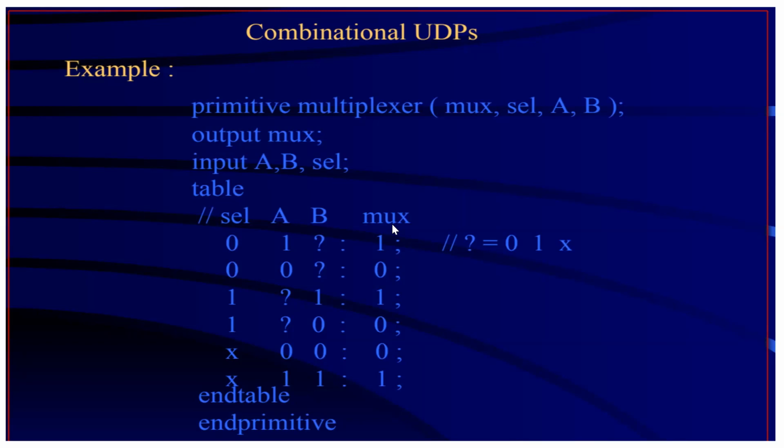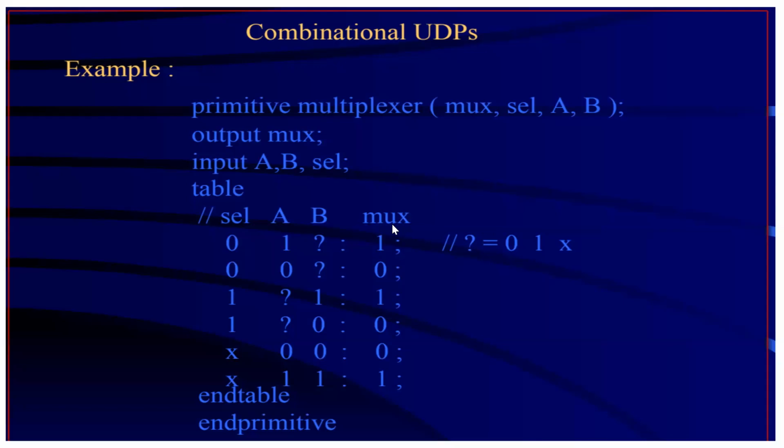What is the use of this module? If you write it and keep it separately like this, whenever you want a 2 to 1 multiplexer, you can directly use it. Understand, UDP is a user-defined program or primitive. You can imagine it is a small program.